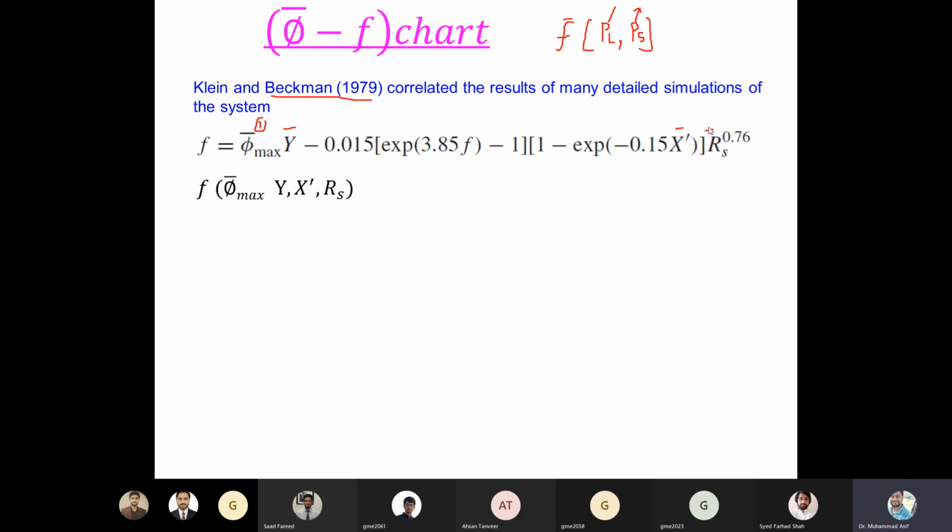So you can see here the load fraction is a function of four variables: x bar max, y, x dash, and rs, where rs is the storage capacity of the solar heating system per meter square of the collector area. And the first one we call the phi max.